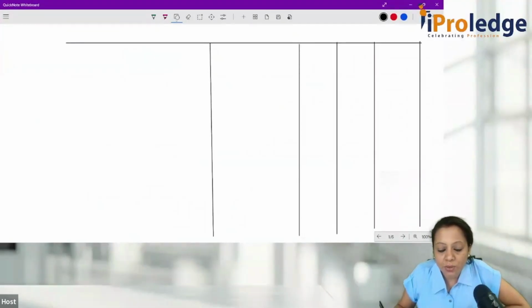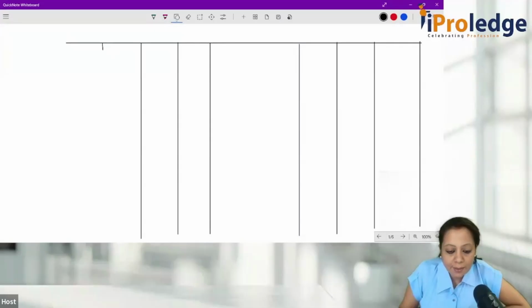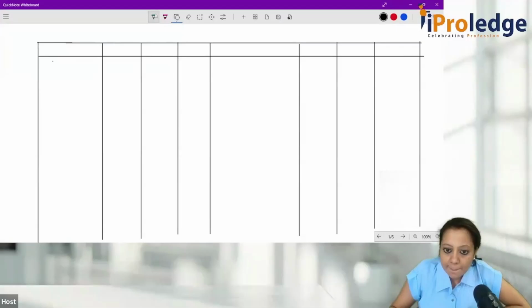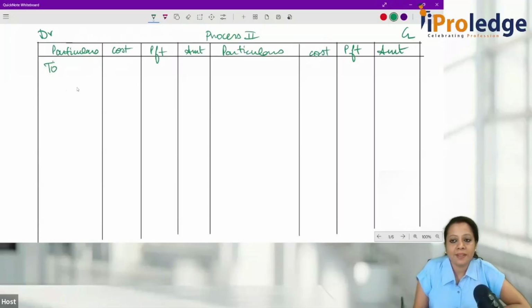So we have to pay full attention to all the processes. Otherwise, it will be of no use.